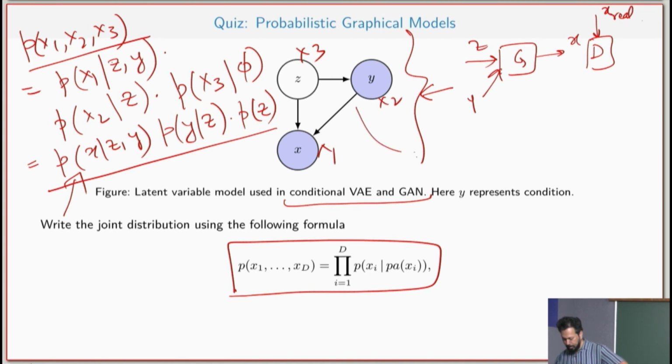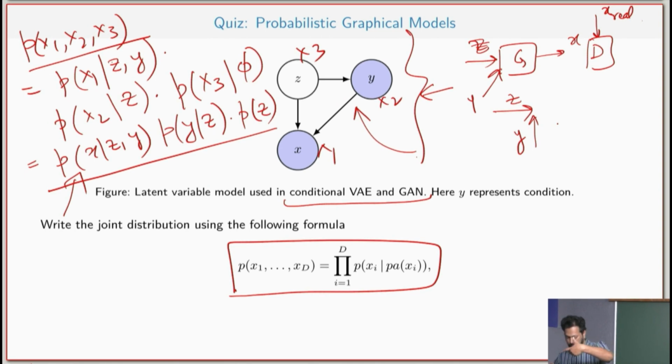From this diagram, z influences y. But is it true that z influences y? I'm not completely sure, to be frank, because regardless of what z comes, my label y is what I choose.